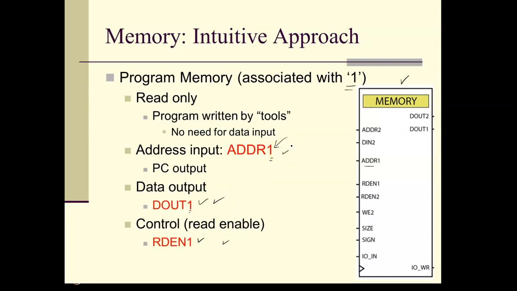If you note, there's no write enable because this is program memory, and we don't have the ability to write it. Essentially, it's read only, which is not quite the case. If you know what you're doing, you can write over it, but generally speaking, you have no need to write over program memory. I know there's an issue of self-modifying code, but we don't do that.